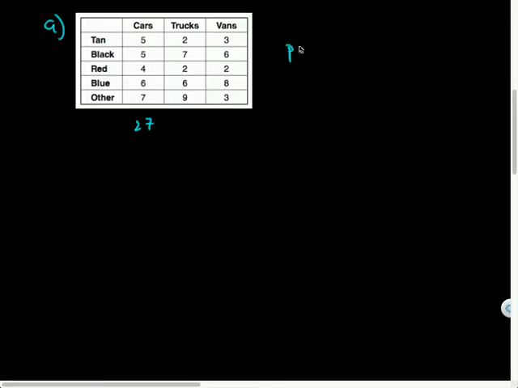So the probability of car would be 27 over 75, and both of those are divisible by 3, so that'd be 9/25, I believe, is what we'd end up getting. And that's fully reduced. I also could then represent that as decimal or percent if we wanted.